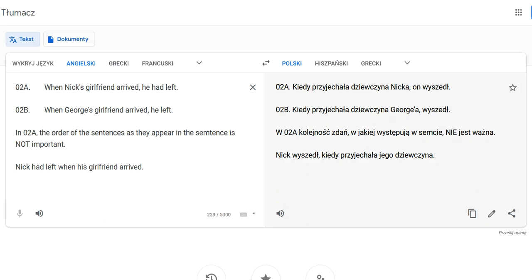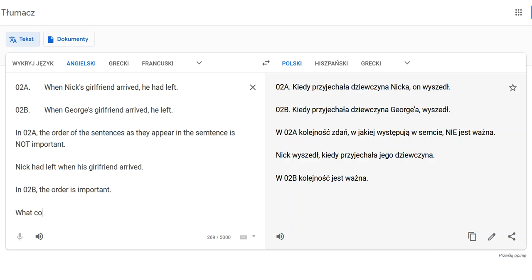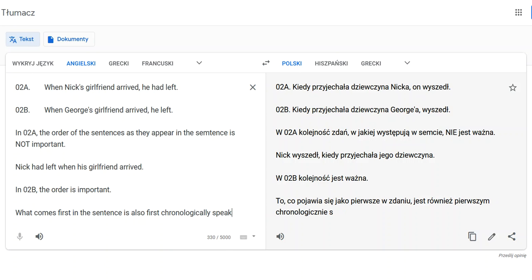But in 2b, the order is important. What comes first in the sentence is also first chronologically speaking.